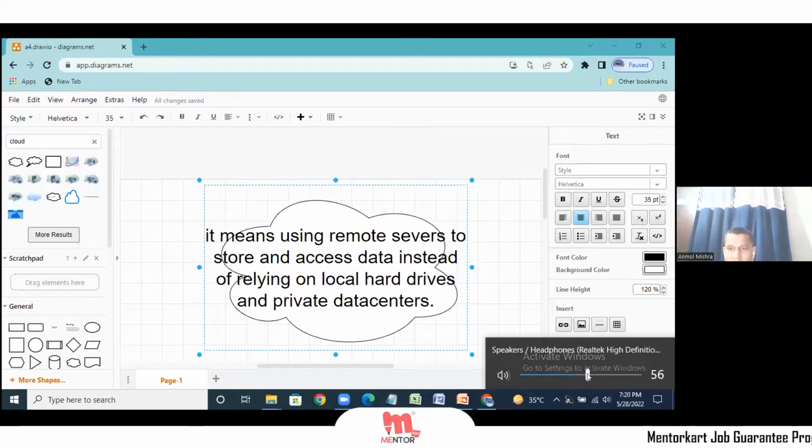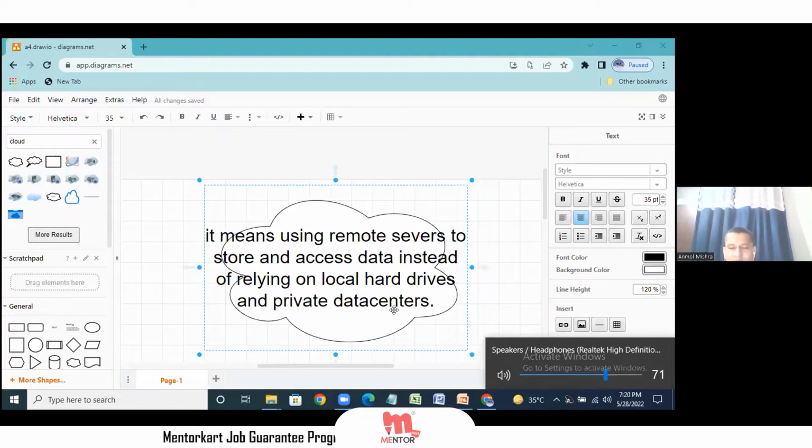Okay. So please explain to me what is the meaning of this sentence. Increase a little more. Okay. So now it is good. Voice is good.